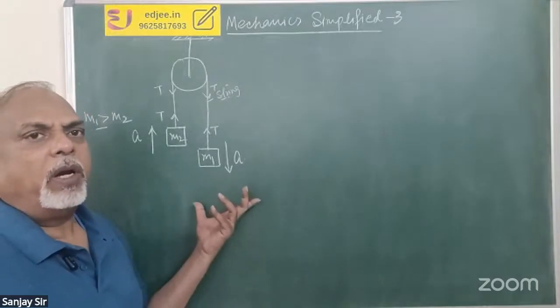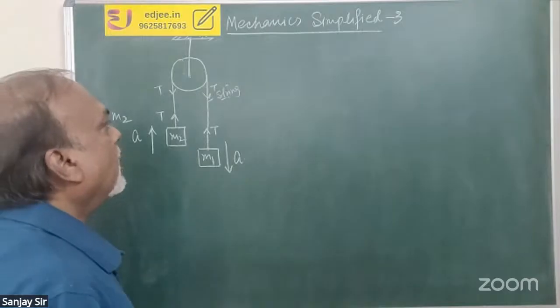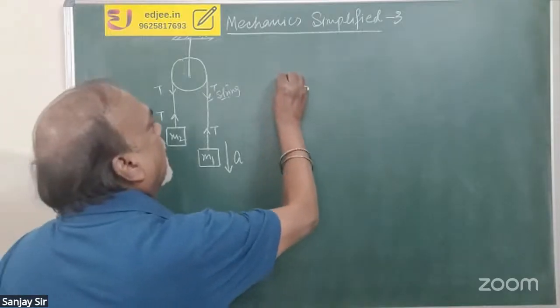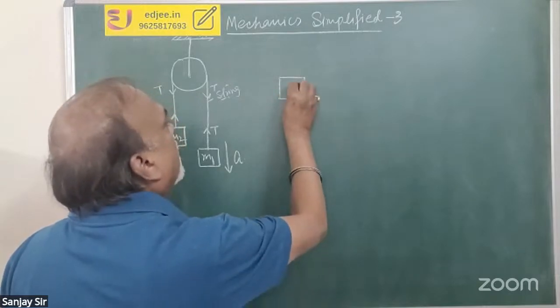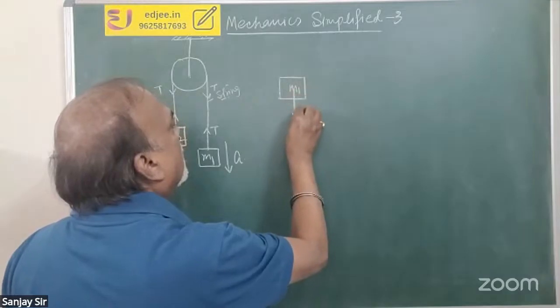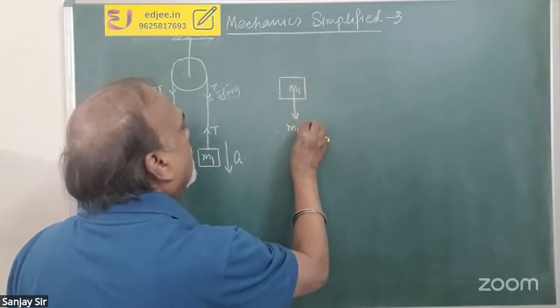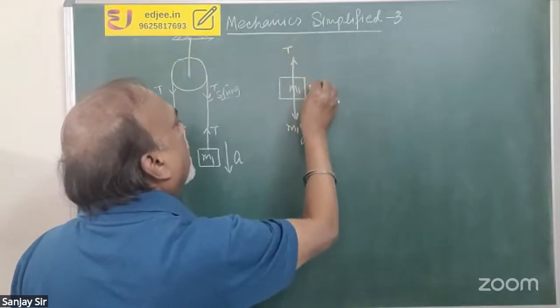Now, how to find out tension? The best way is to make the free body diagram. Suppose I make the free body diagram of M1. This will be M1, and this is moving downward.